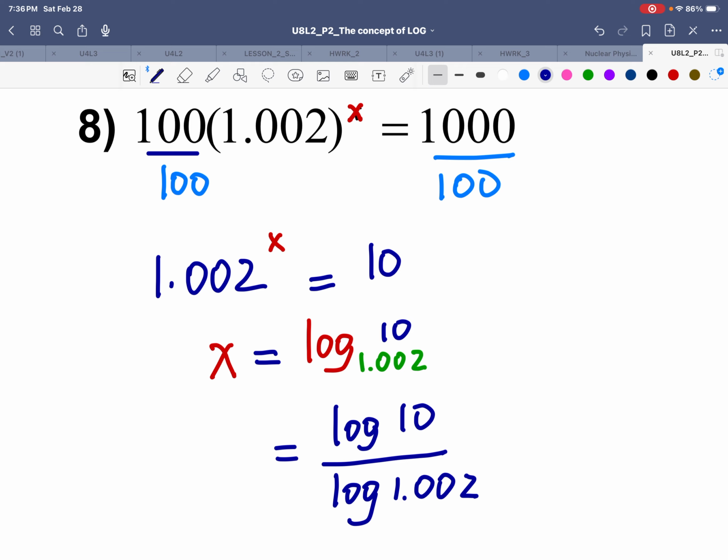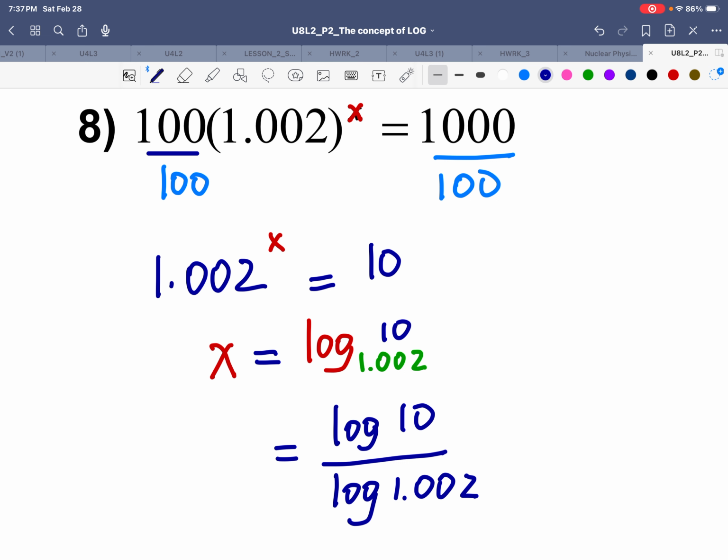And we have 1 divided by log of 1.002. And there we go. We got a negative number in this case. Let me just double check. Oh, I pressed the wrong button here, that made no sense. That's why I was wondering. So let me just press 1.002.